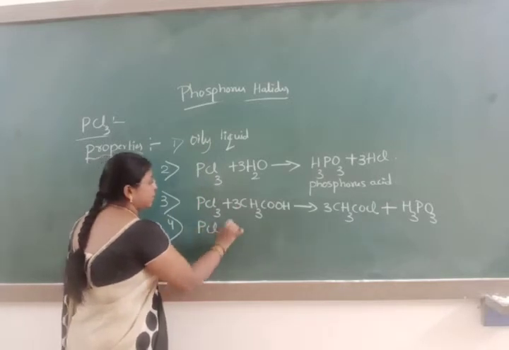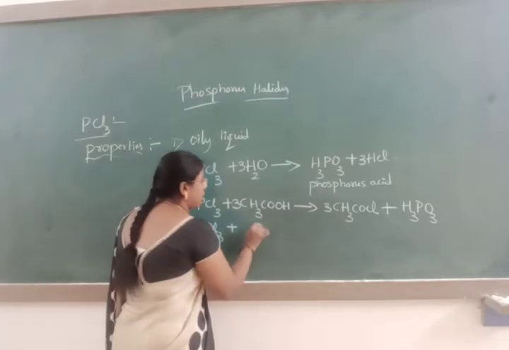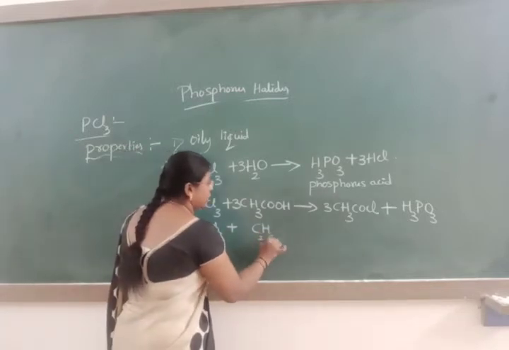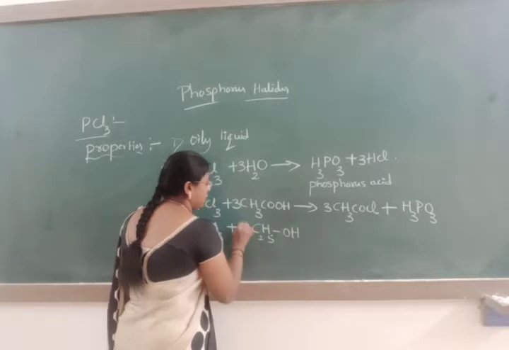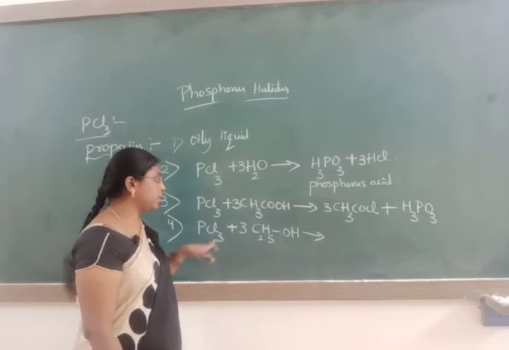PCl3, phosphorus trichloride, reacts with ethyl alcohol. The OH of ethyl alcohol is replaced by Cl.